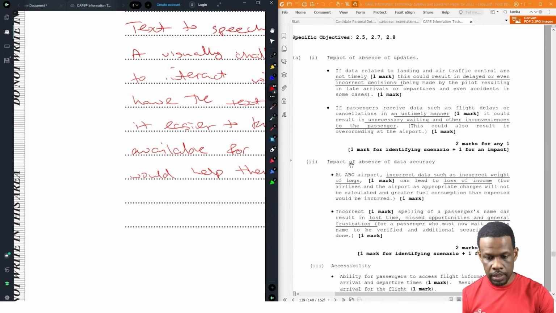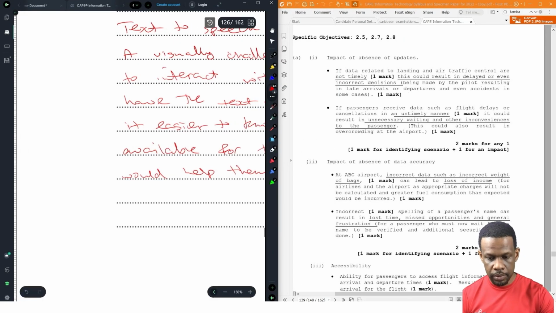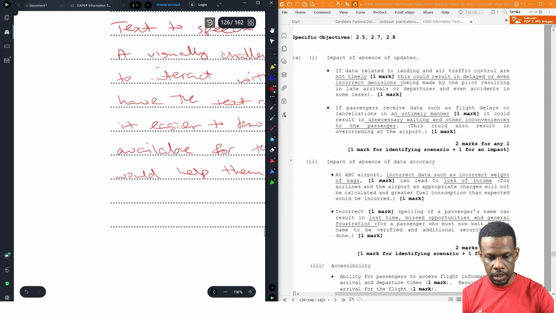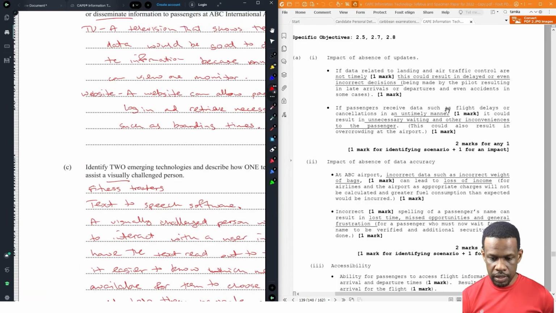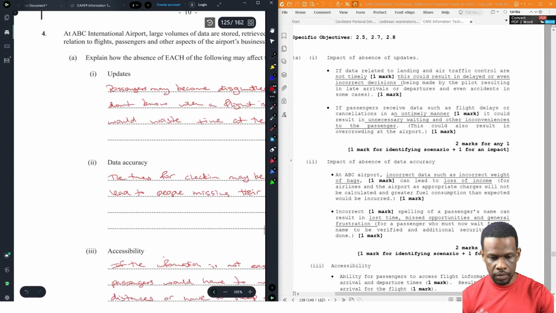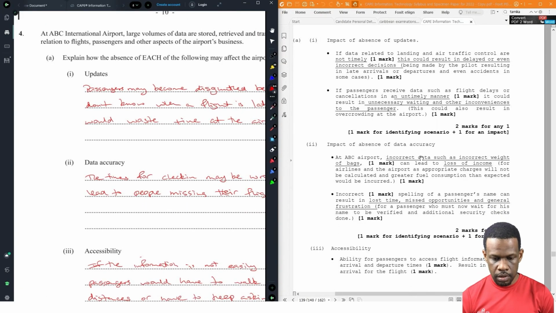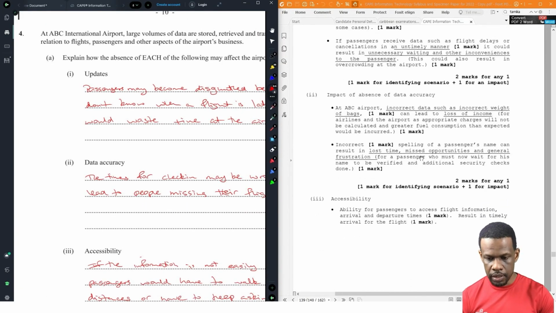Alright, data related to land and air traffic control is not timely. It could result in delayed or incorrect decisions. Alright, cool, we'll get that. Passengers receive data late, they'll have flight delays and all that stuff. So 2 marks, identify scenario and impact. Impact of data accuracy: the incorrect data could be the weight of the bags, missed opportunities, missed flights, frustrated passengers.